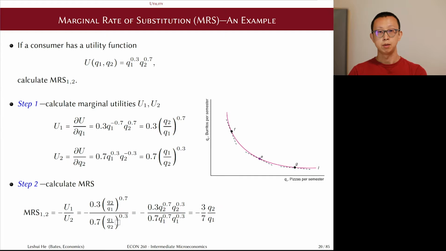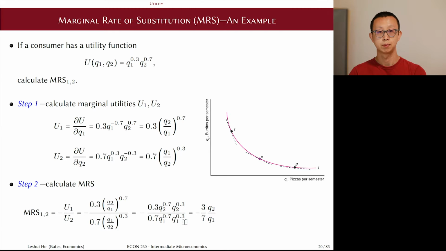What about the bottom part? Well, we're dividing 1 on top by this ratio. So, in fact, 1 divided by Q1 divided by Q2 to the power of 0.3 is simply Q2 divided by Q1 raised to the power of 0.3. And that will give us Q2 to the power of 0.3 on the top and Q1 to the power of 0.3 on the bottom.